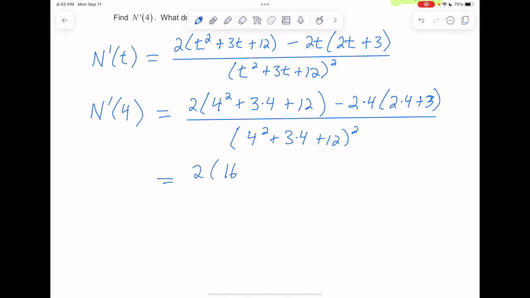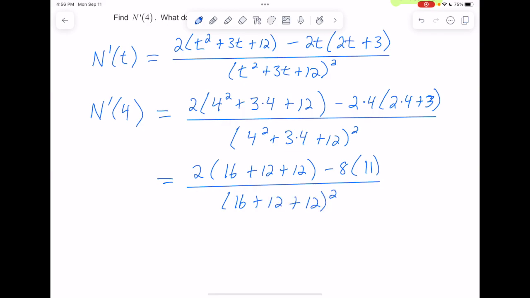We have 2 times 16 plus 12 plus 12. We have a minus 8 times 8 plus 3, which is 11. And then all of that would be over 16 plus 12 plus 12, and then that 12 gets squared. So just working away on that, this 16 plus 12 part, that's 16 plus 24, so that's 40.